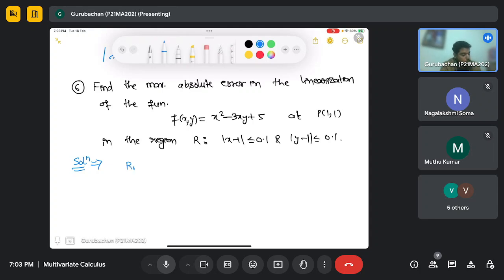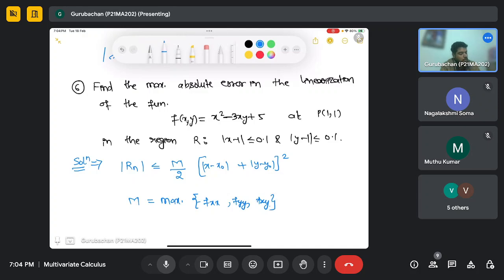That error approximation was nothing but M by 2 times (x minus x naught) whole squared plus (y minus y naught) whole squared, where M was nothing but the maximum of all the values of fxx, fyy, fxy at the point (x naught, y naught).